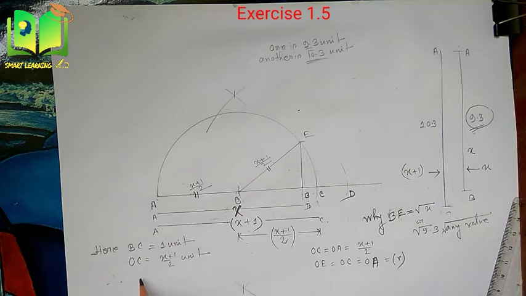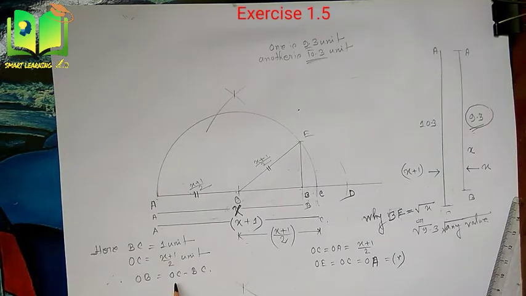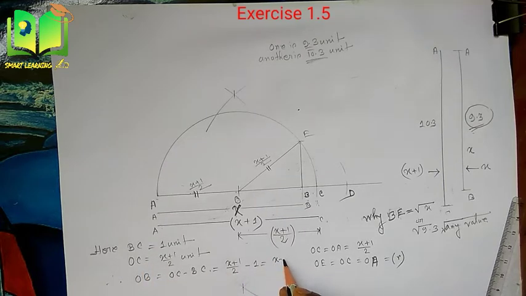Therefore OB equals OC minus BC, which is x plus 1 by 2 minus 1. After subtracting you will get x minus 1 by 2.